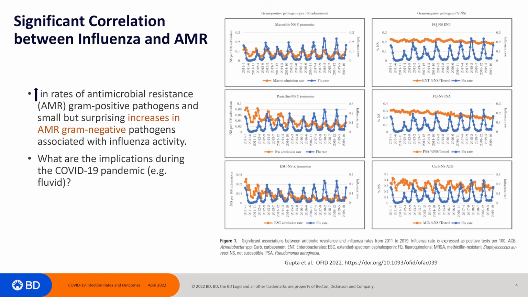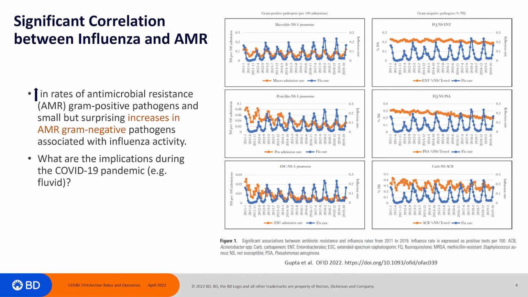In the graphs on the right, the blue lines indicate influenza positive admissions, and you can see the peaks and valleys that we see occurring during normal or common influenza seasons. And the orange lines represent antimicrobial resistance rates. These data are evaluated quarterly from 2011 through 2019 across approximately 257 institutions.